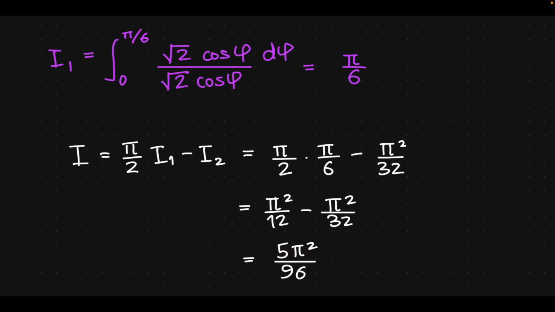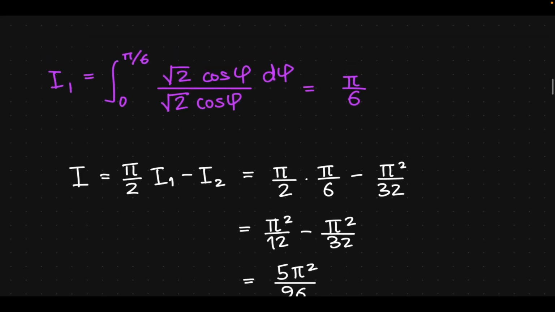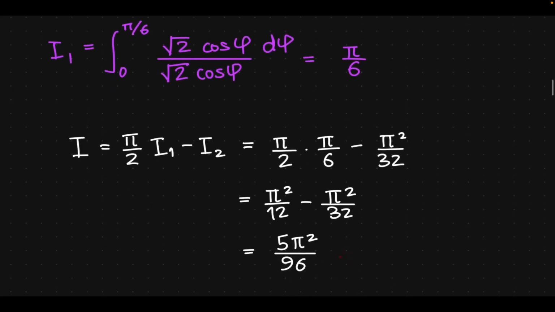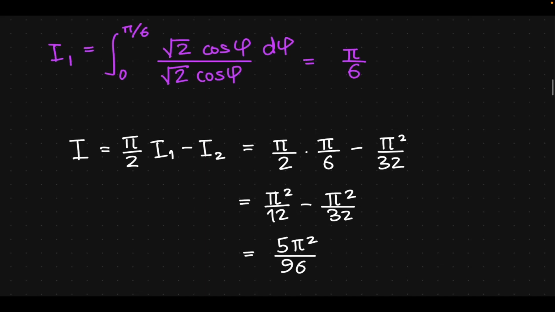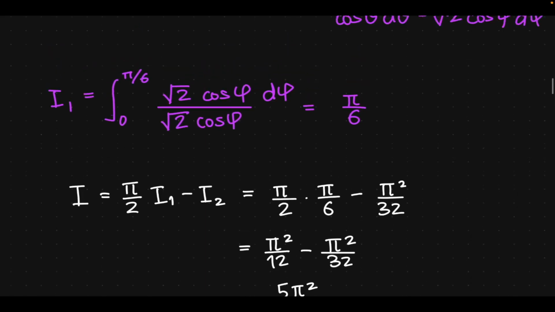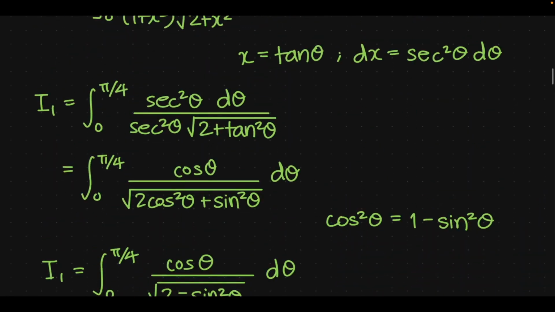You can verify this. This is indeed the answer. Very neat result with a pi squared. You wouldn't have guessed. You might have guessed there would be a pi because of the tan inverse from experience, but the pi squared is something that is quite neat.